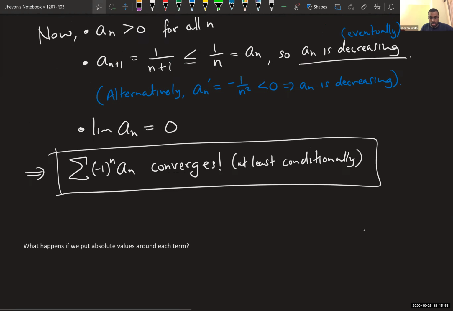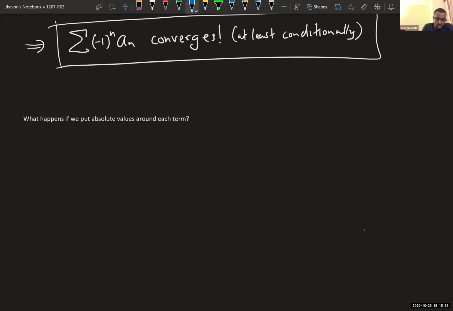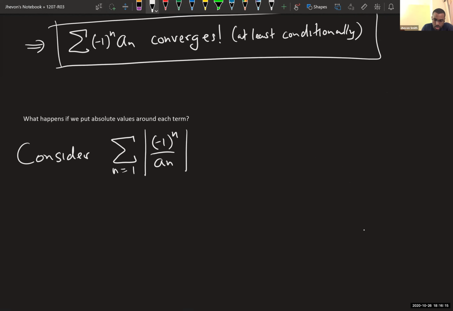So here, what you would do is you would consider the series and put absolute values around the terms. You'll notice that what that does is it just gives you the harmonic series. You literally just get the series with 1 over n.